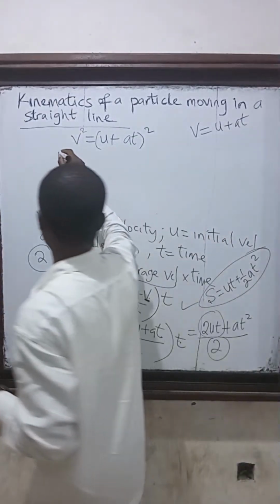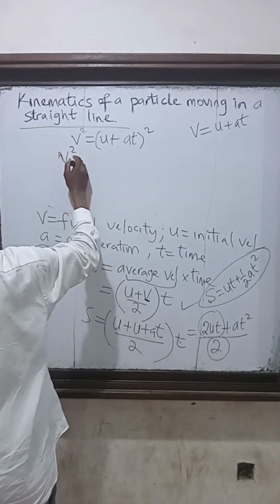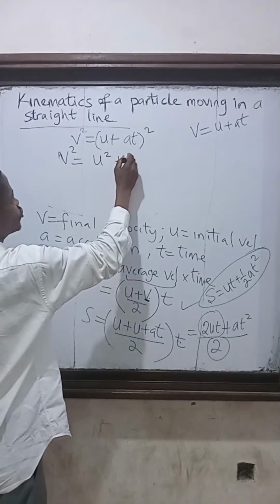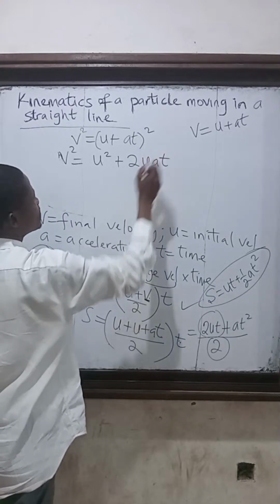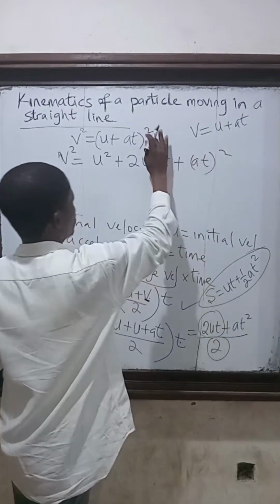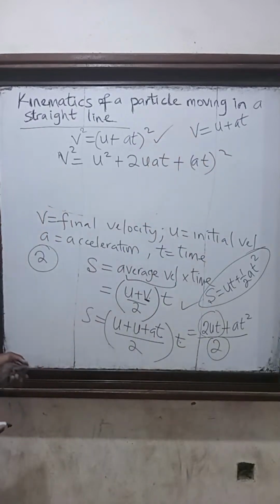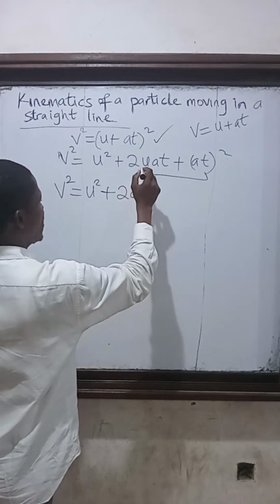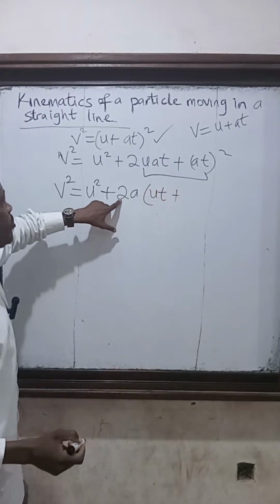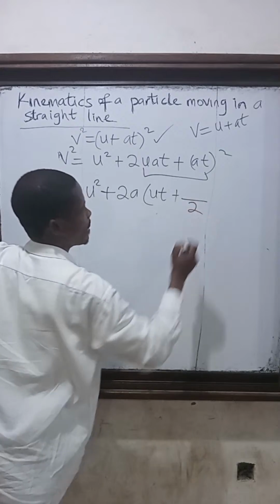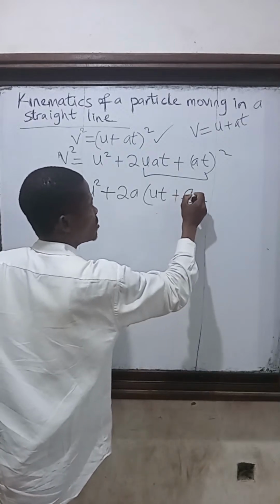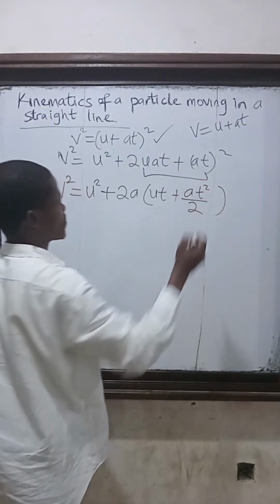If you do that, you're going to have v squared equal to, doing the expansion, u squared plus 2uat plus a squared t squared. Just do the normal expansion. Factoring, we have 2a outside, with ut plus half at squared inside.